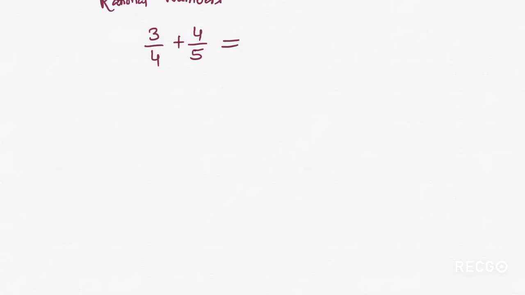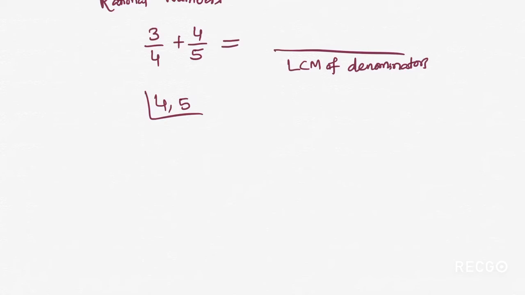First of all, we have to take the LCM of the denominators. For 4 and 5, the LCM is 4 into 5, 20, because there are no common factors. Therefore, the LCM is 20.